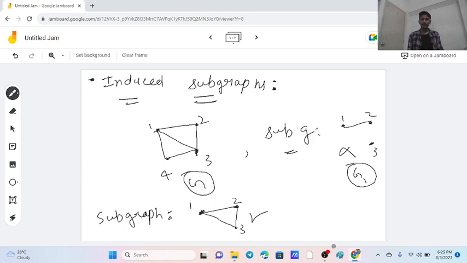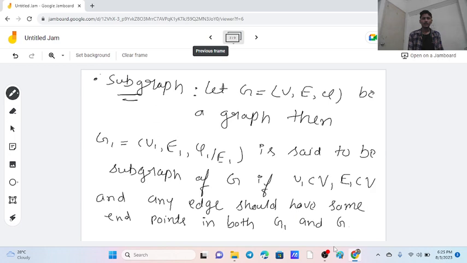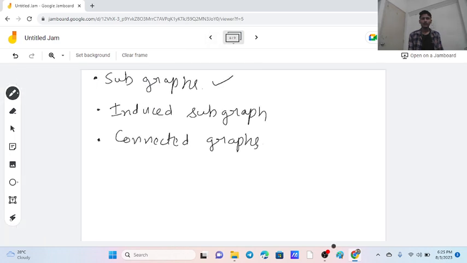Because 1 and 2 are sharing an edge, 2 and 3 are having an edge, and 3 and 1 are having an edge in graph G as well as in graph G1. So this graph G1 is the induced subgraph of graph G. Okay, so now we are done with subgraphs and induced subgraphs, and now we are going to see connected graphs.